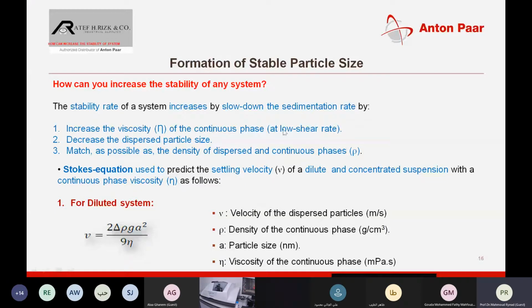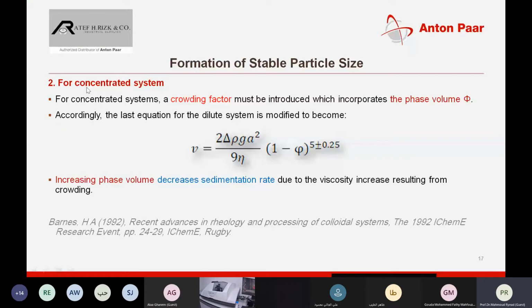The Stokes equation is used to predict the settling velocity, nu, of diluted and concentrated suspensions in a continuous phase, as follows. For a diluted system, nu equals delta rho g r squared divided by 9 eta. For a concentrated system, another factor is multiplied, named the phase volume.